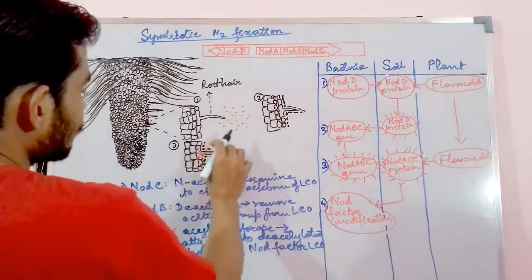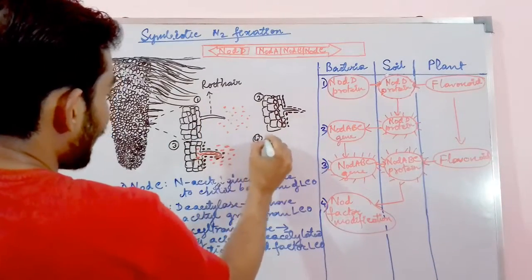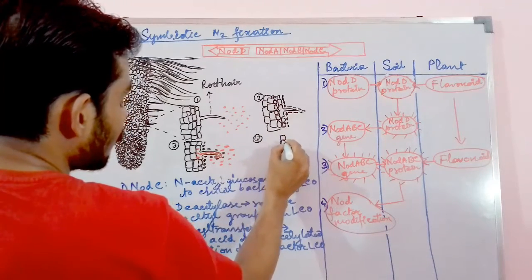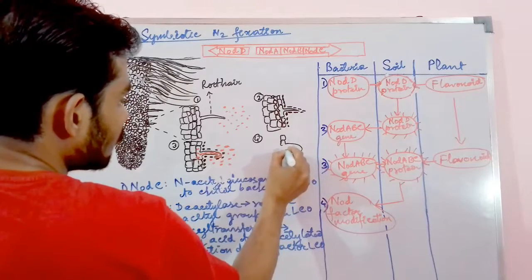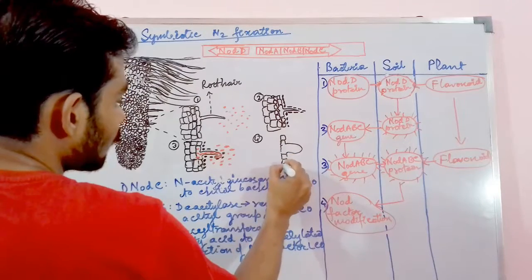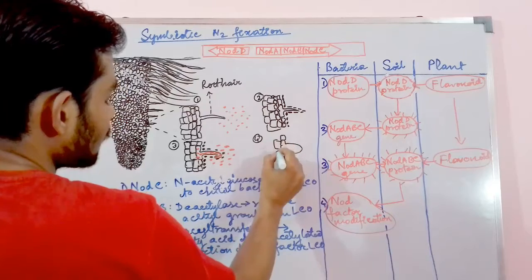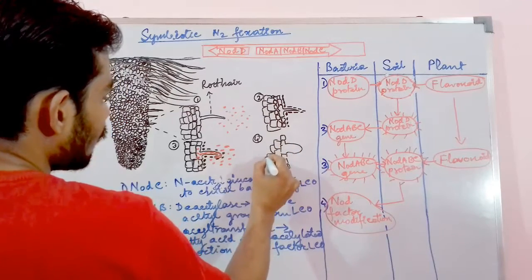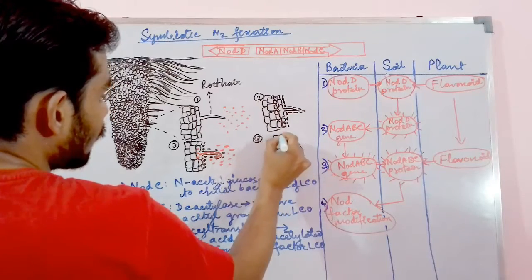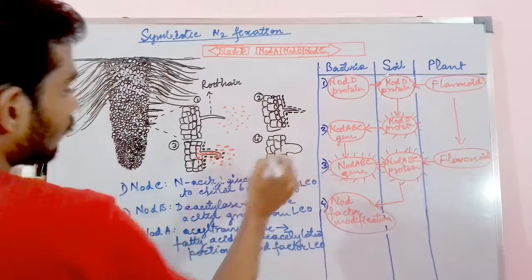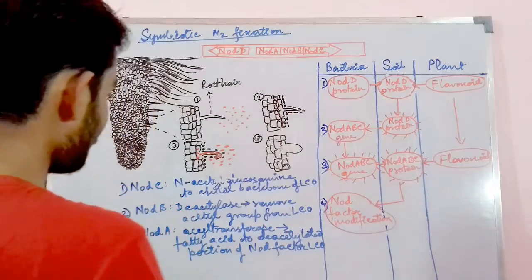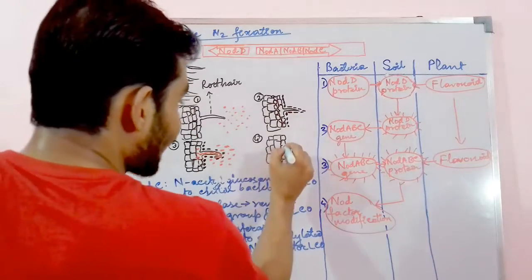The coiling will persist and continue, and it will form a nodule-like appearance within this epidermal portion, through which the rhizobium bacteria will form bacteroid cysts.